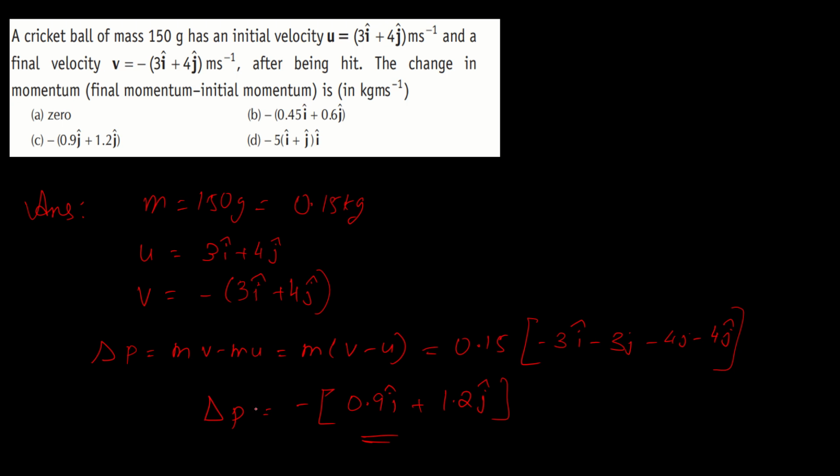This question is a continuation of the previous question. In the previous problem 3, they are asking for the magnitude of the momentum transfer during the hit. We have found delta P is equal to minus 0.9i cap plus 1.2j cap. Now we have to find the magnitude.